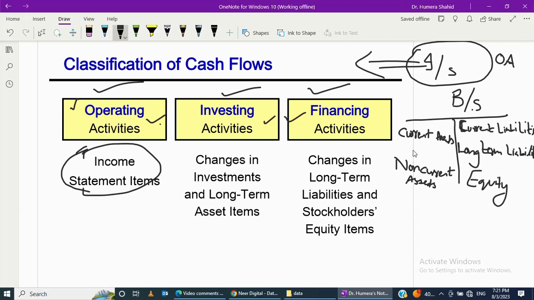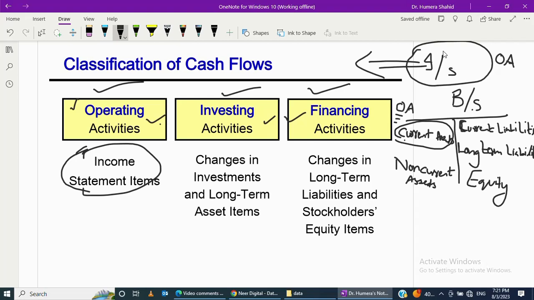So accounts receivable are in current assets. So for the operating activity section, current assets also help. I gave you the example of accounts receivable. There are many other current assets like inventory, which helps us in calculating the cost of goods sold, and then we have some other receivables. So all the current assets help us in preparing the operating activity section.